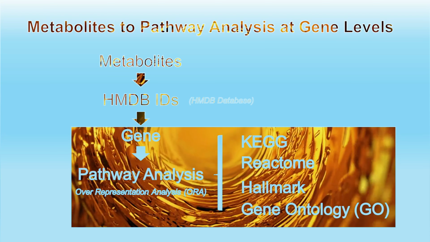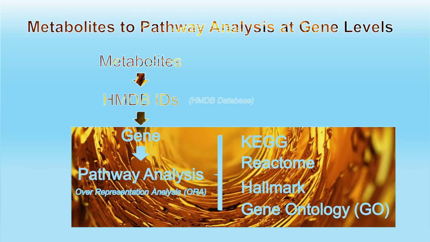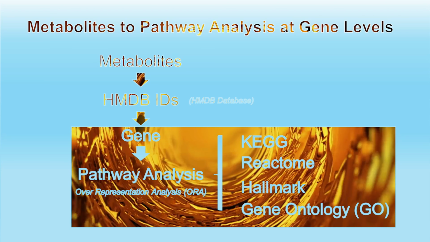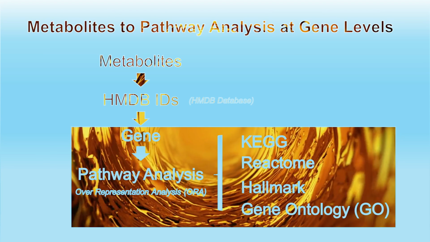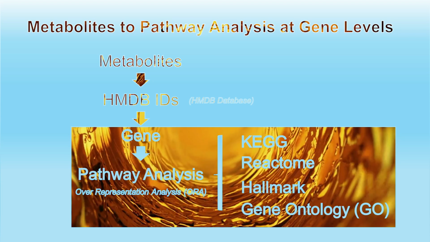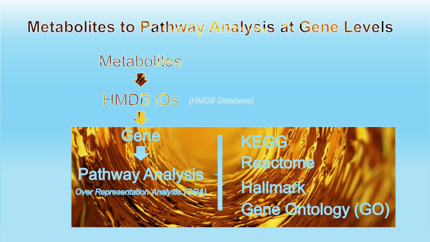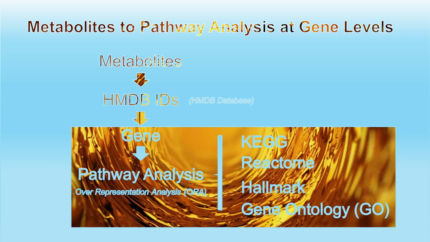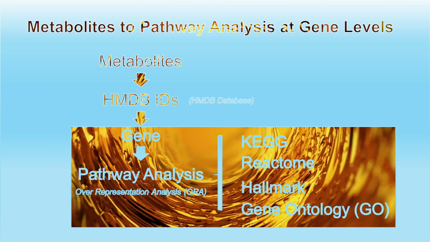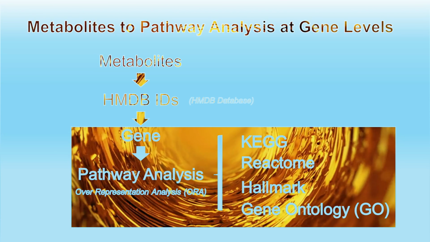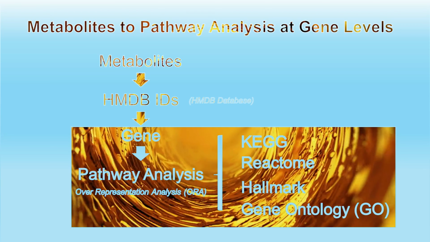In this tutorial, we will use 4 major pathway databases: Hallmark, KEGG, Reactome, and Gene Ontology, namely GO. By the end of this video, you will be able to run ORA based pathway enrichment and interpret your result for the downstream biological analysis.